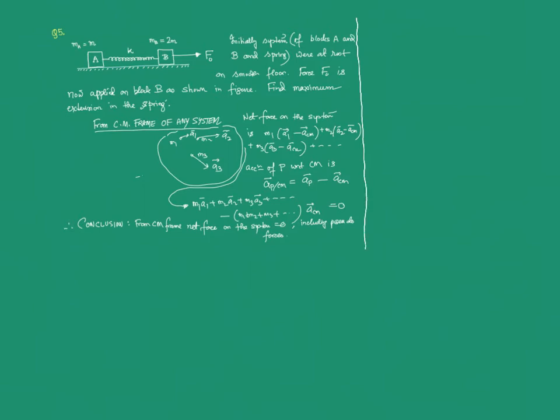What is the force on this system? The block A plus block B is a system, right? The horizontal force is F naught. So we can write F naught is equal to total mass into ACM, which implies ACM is equal to F naught by 2m. That is the acceleration of the center of mass of the system.